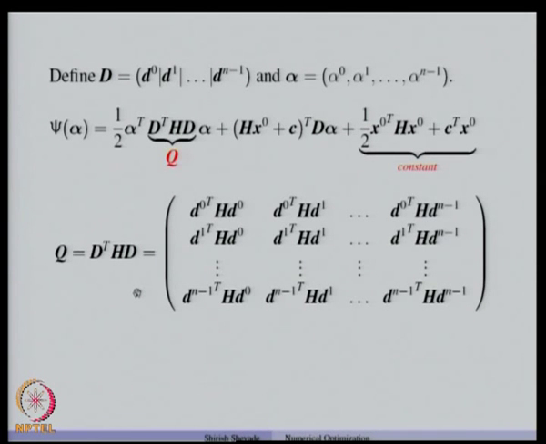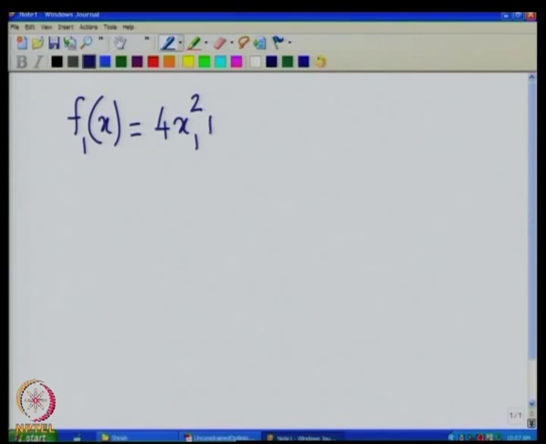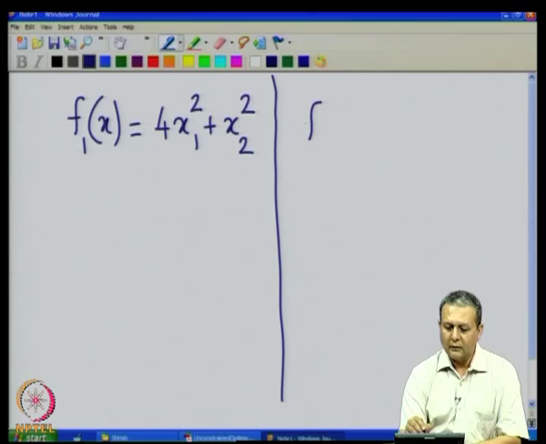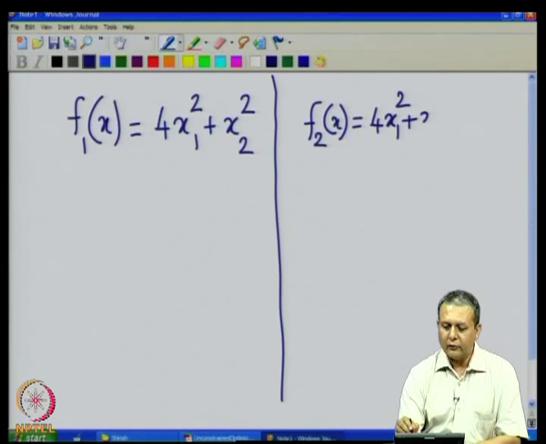Now, if you recall our earlier example where we want to minimize a quadratic problem. In our first case f1(x) was 4x1 square plus x2 square, and in the second case f2(x) was 4x1 square plus x2 square minus 2 x1 x2.